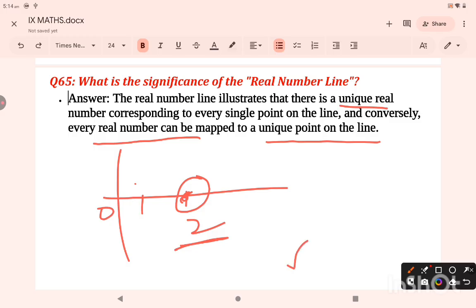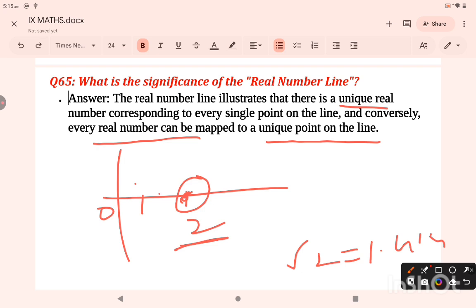Now root 2 is equal to 1.414 and so on. When we are representing root 2 on the number line, approximately it lies in between 1 and 2.